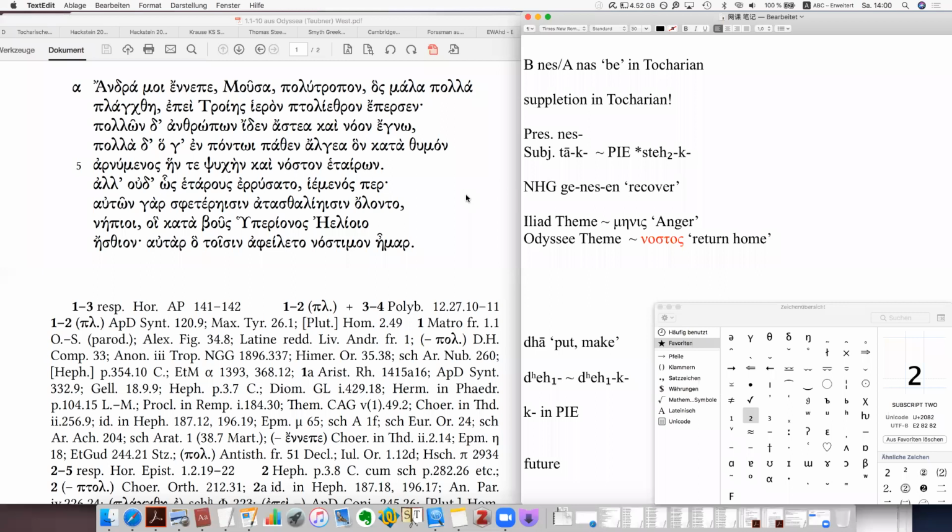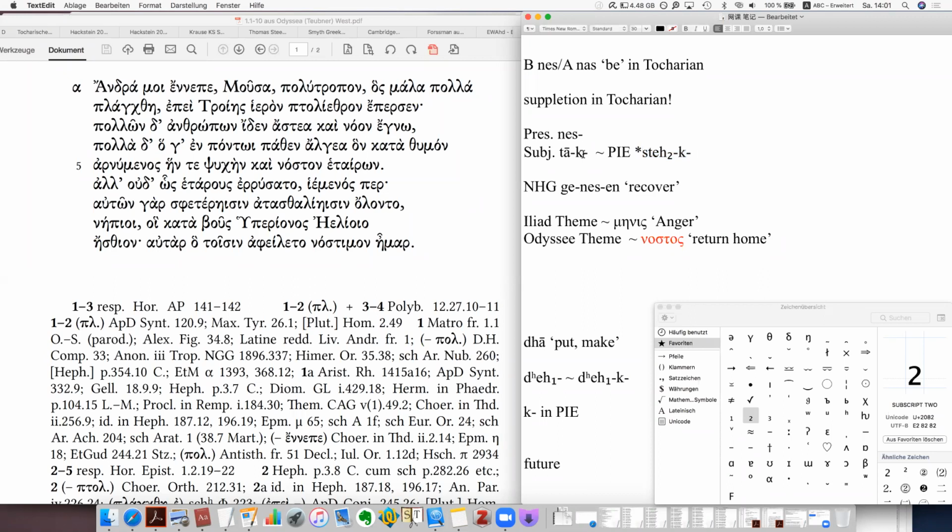In Greek, you have a k-aorist and perfect, and in Latin there is actually no k element, and also in Sanskrit you don't have it, but this k element is preserved in Tocharian, right? Steak, tak.